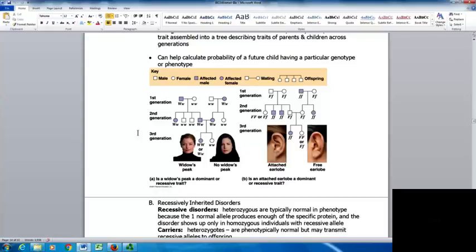So when you do these pedigrees, a lot of times you'll write out the relationship, color in who's affected, who's not affected, and then you have to take the steps one at a time, looking back and forth between the generations to determine the genetic makeup.